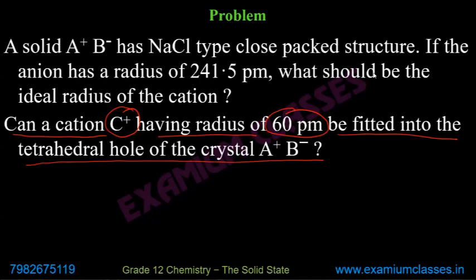Now read the question carefully. It is not asking in octahedral void, it is asking in tetrahedral void. You calculated maximum radius in octahedral void. In tetrahedral void, r plus will be just 0.225 of 241.5.